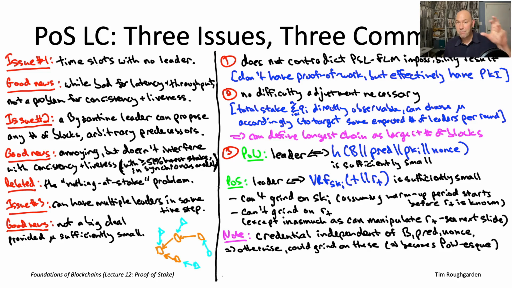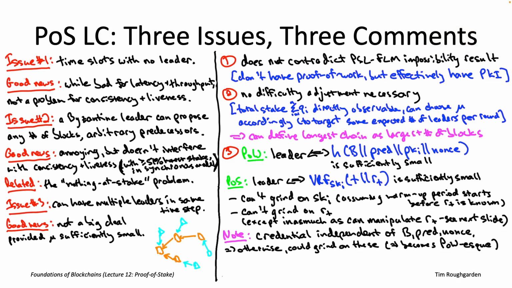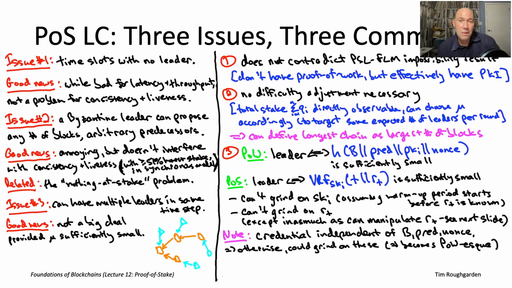It's just whatever block is part of the lottery ticket. In the proof of stake design, you are not committed to any given block. You get to wait and see whether or not your lottery ticket wins, whether or not your credential is sufficiently small. And then at that point, knowing that you're the winner, you then get to choose whatever block you want, whatever transactions you want. So that's a quite subtle but also quite important distinction.